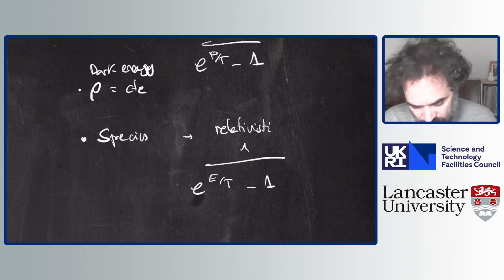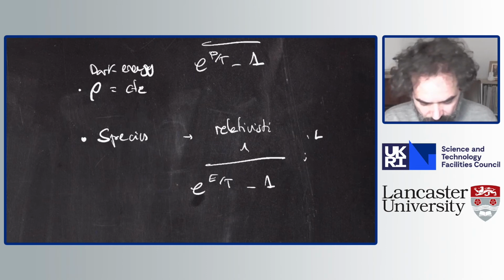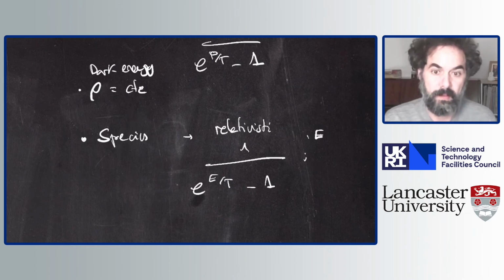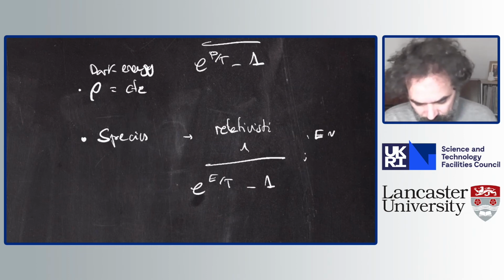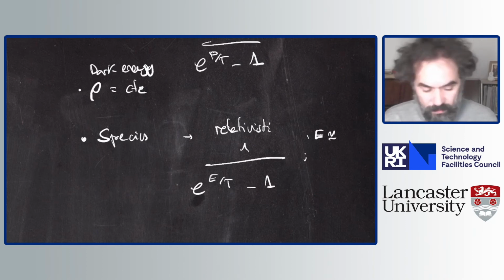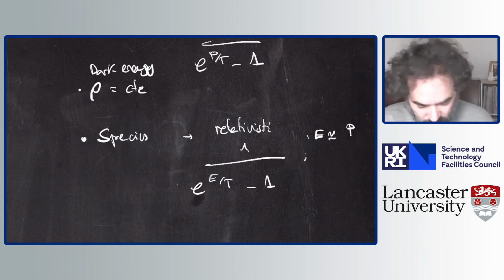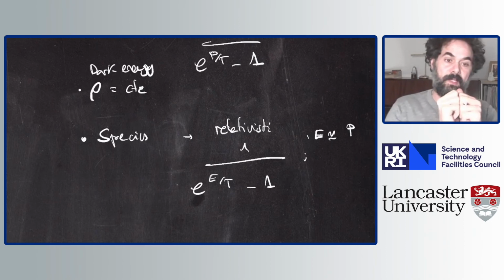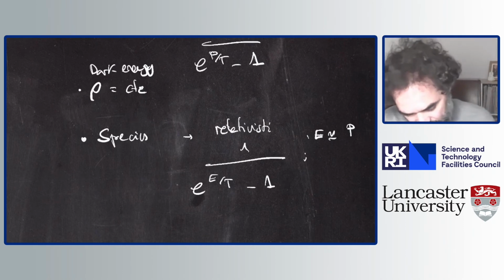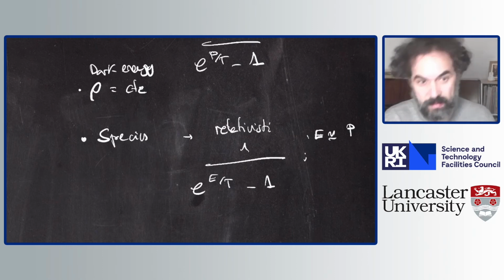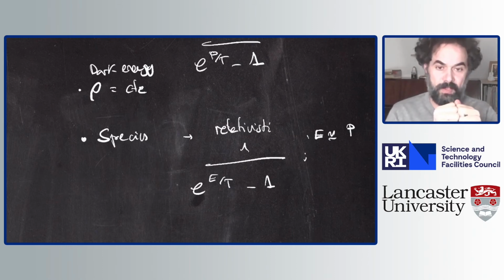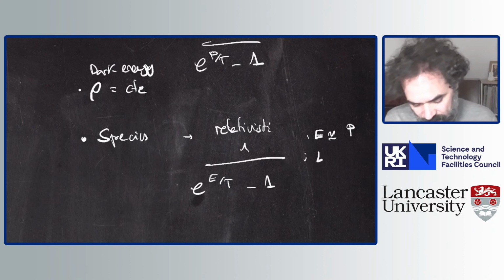But then at some point, the energy, which in the relativistic case is given by the momentum, the temperature drops so much, and the momentum also redshifts to the level, that energy is now given by the kinetic energy.